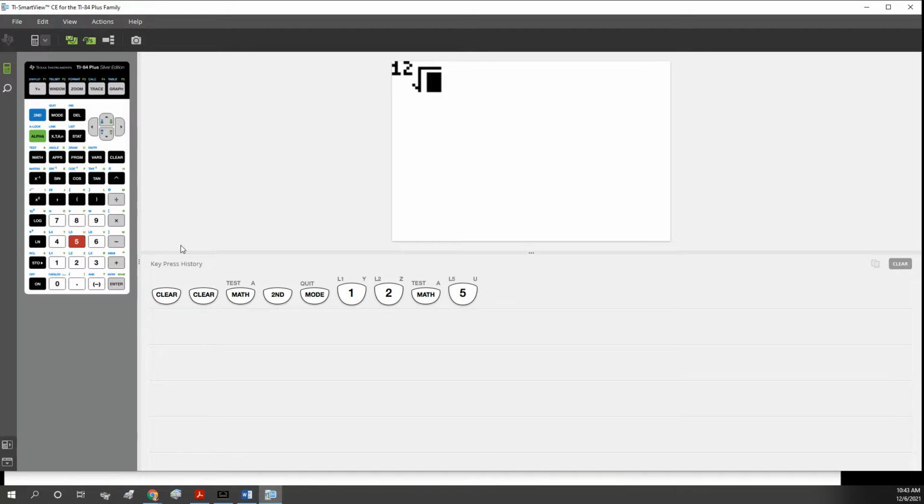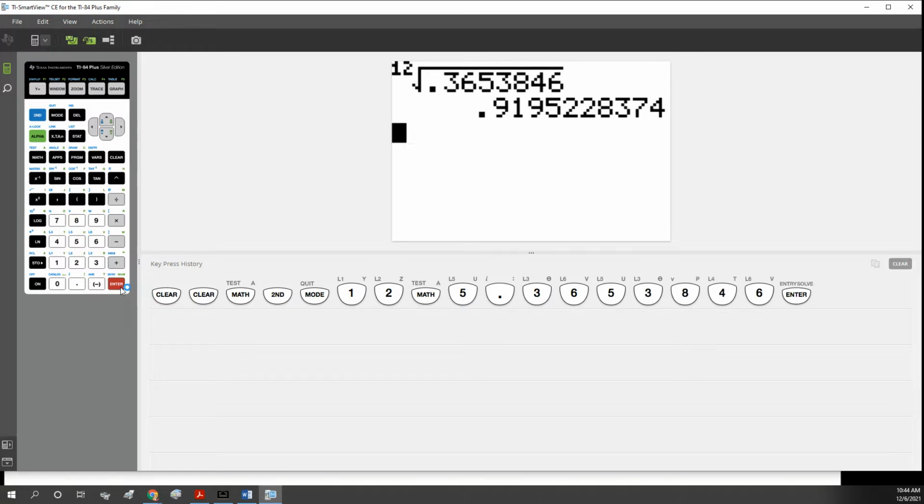All right, so whatever decimal you just got, you can either hit second answer, so second x or second and then the negative key, or you can retype it to a lot of decimal places. It's up to you. That's what you should get.